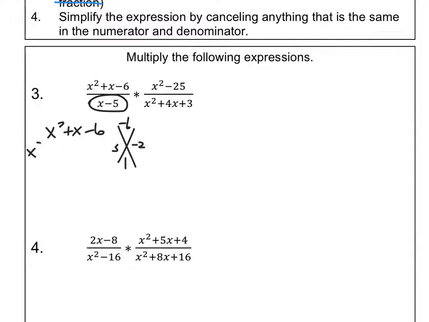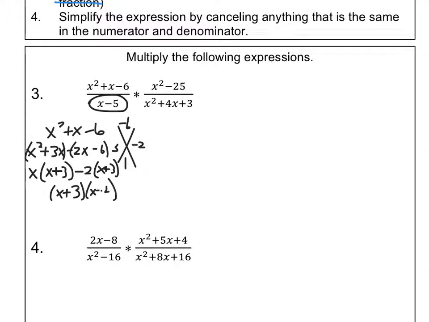So x squared plus 3x minus 2x minus 6. Group them. Take out an x, left with an x plus 3. Take out a 2, left with an x plus 3. So I have an x plus 3 and an x minus 2. Okay? How we factor has not, none of that has changed.